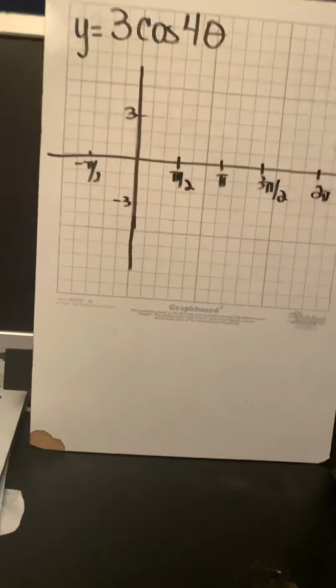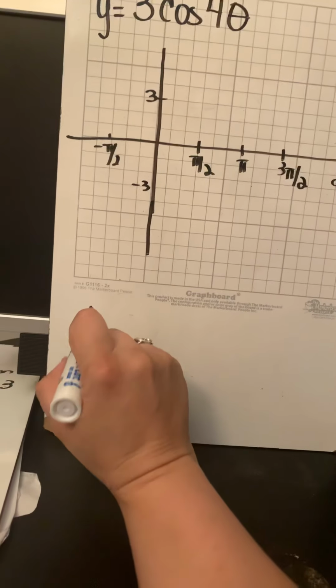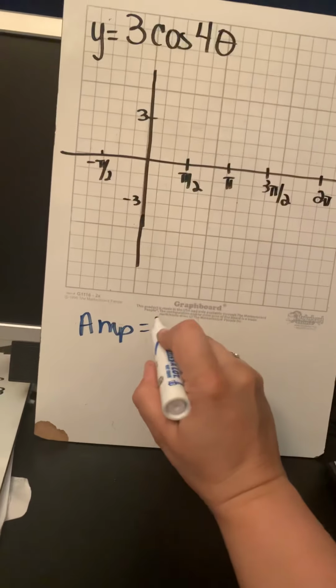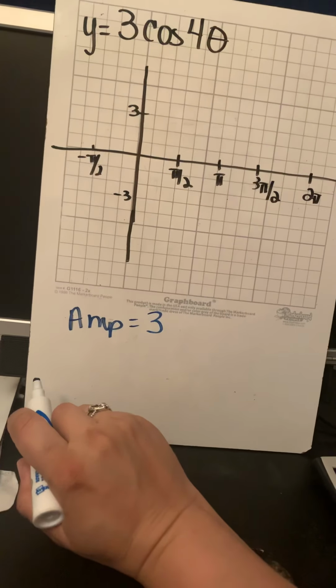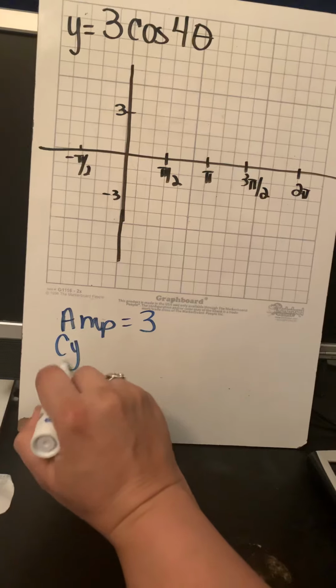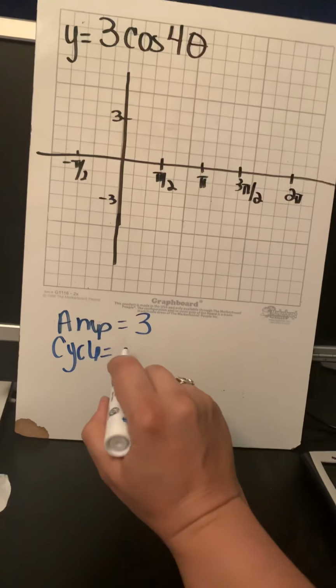So let's look at the back one here. Let's look at this one. Again, just like we found with the sine function, your amplitude is 3. Your cycle, which is b, is 4.